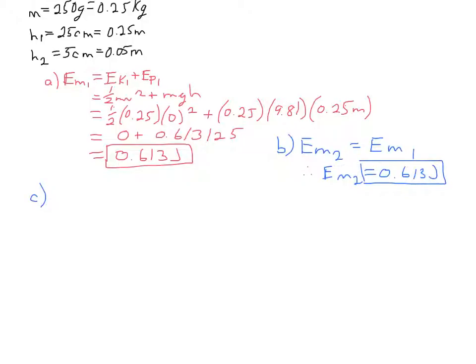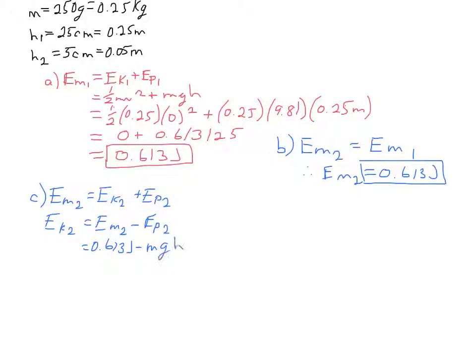For C, it's asking for the kinetic energy at the lowest point, which means our second point. Our mechanical energy at our second point is going to be equal to our kinetic energy at our second point plus our gravitational potential energy at our second point. So we can rearrange that: EK2 is going to be equal to EM2 minus EP2. Then we can put in all of our numbers. Our EM2 is 0.613 joules minus our EP2, which is mgh.